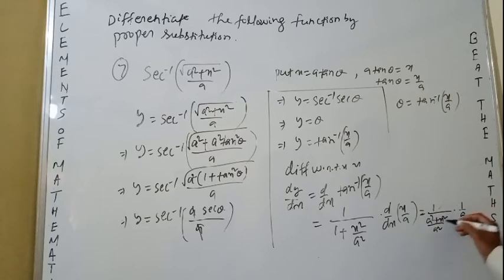That is 1 by a square plus x square by a square, into the derivative of x by a, that is 1 by a. Pause the video, note it down.